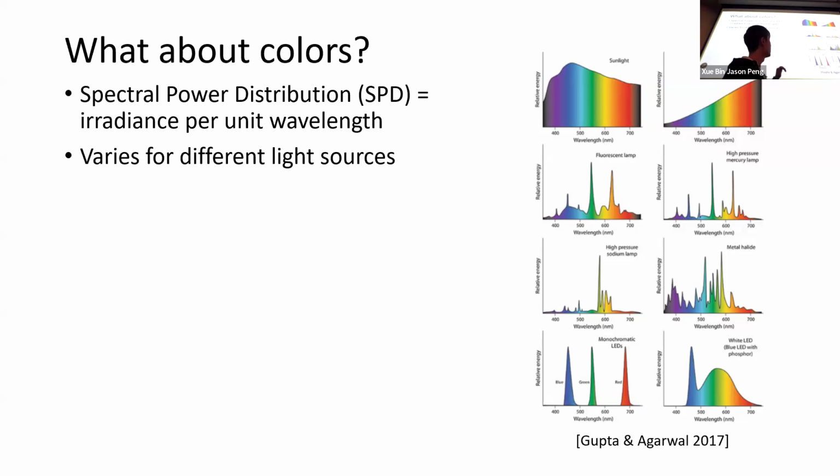Then in the first spectral power distribution on the second row, we have the distribution for fluorescent light. And when you look at fluorescent light, what you generally see is that the distribution is very uneven. Most of the light is being emitted at very specific wavelengths.